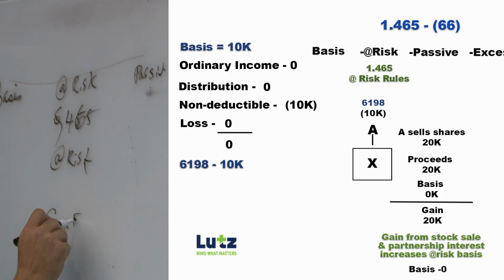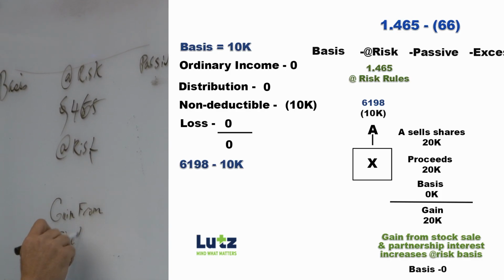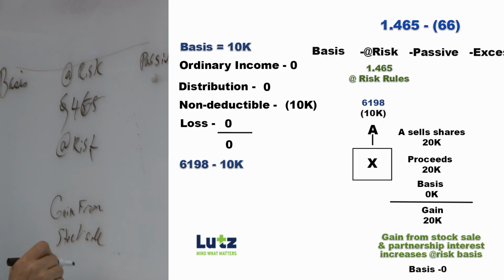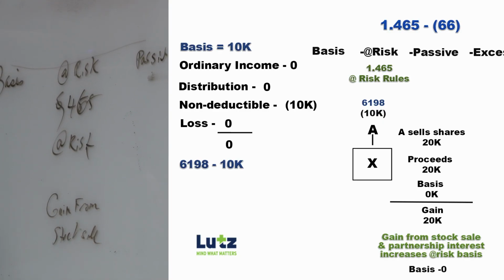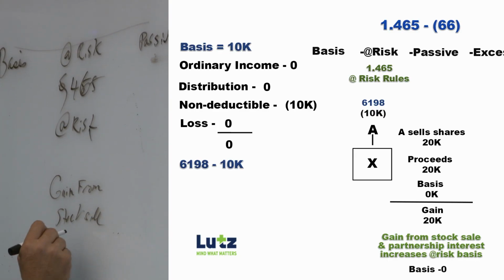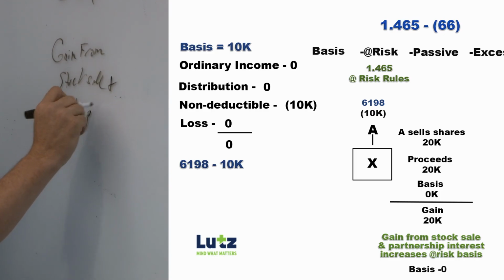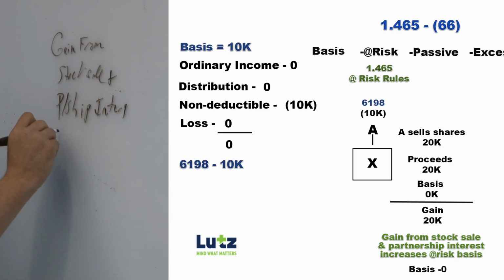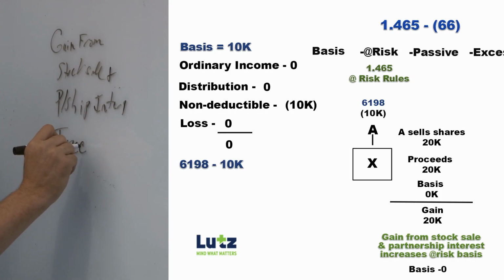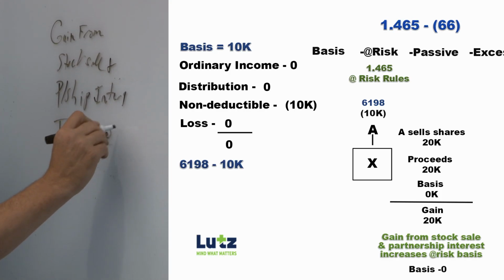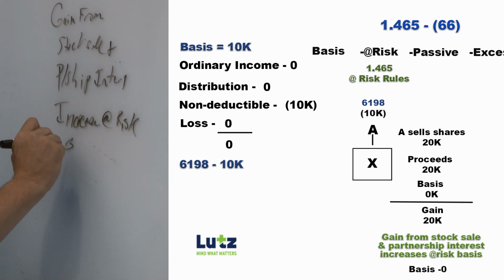So under 1.465-66, it says the gain from stock sale, and more importantly, and partnership interest, increases at-risk basis.